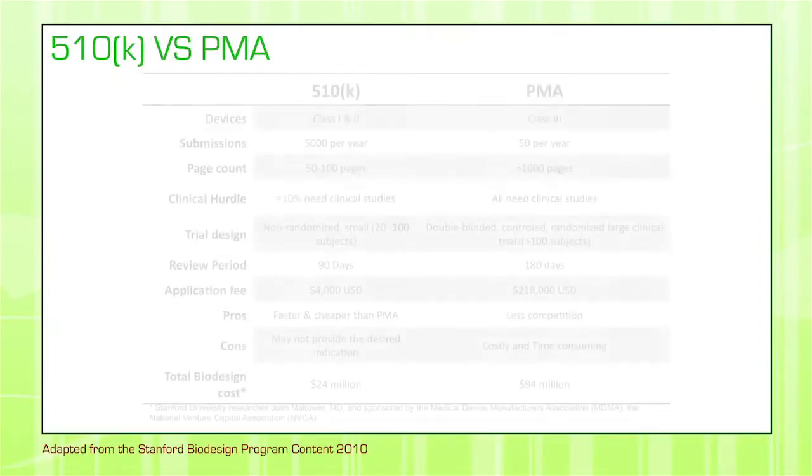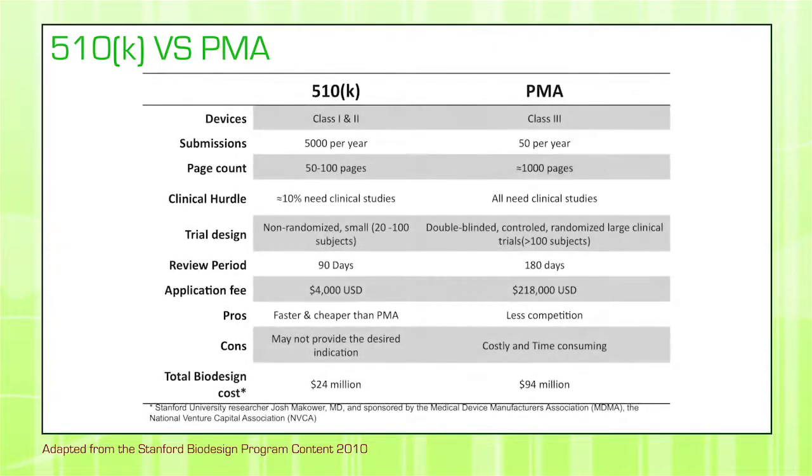So in this case, 510Ks and PMAs are two regulatory pathways very different from each other. In terms of some variables, devices of classification 1 and 2 are the most likely to receive a 510K regulatory pathway, while PMAs are reserved for class 3 devices.